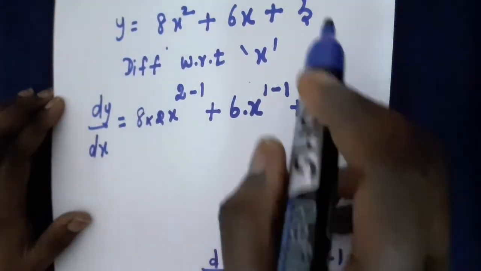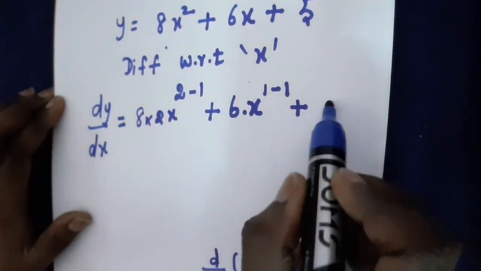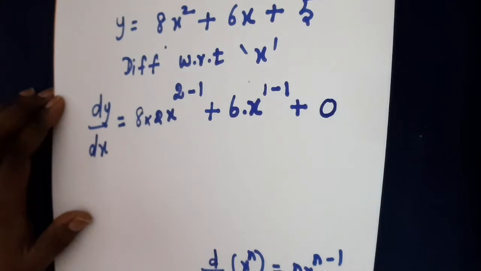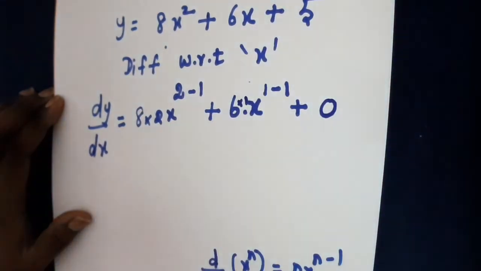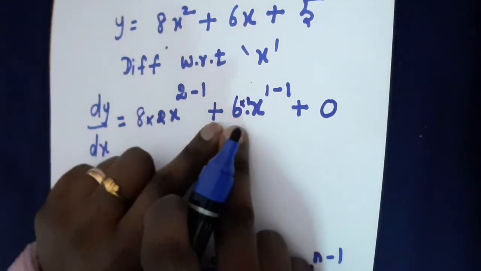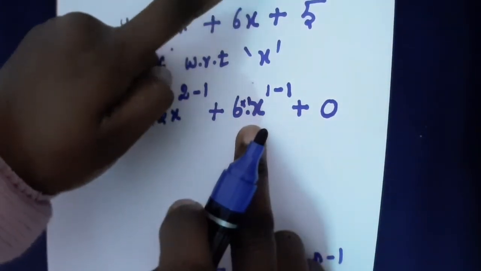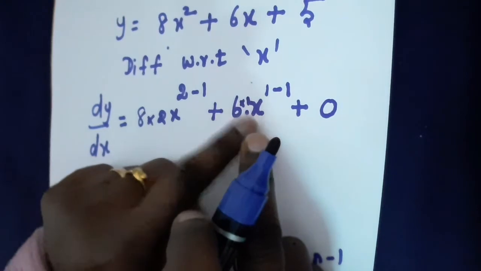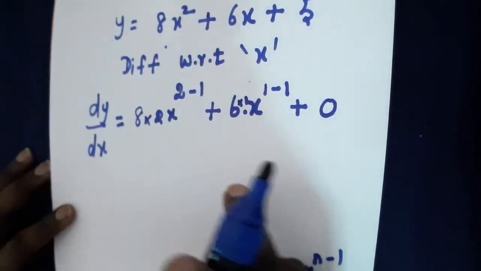Okay, plus, what is differentiation of 5? 0. Differentiation of any constant term will become 0. For more clarity, I'll write it here as into 1 times 1. Okay, it's multiplied by 1. Why have I multiplied? 6 is a constant, I'll keep it as it is. Here x to the power 1. So n is 1. 1 into x to the power 1 minus 1.